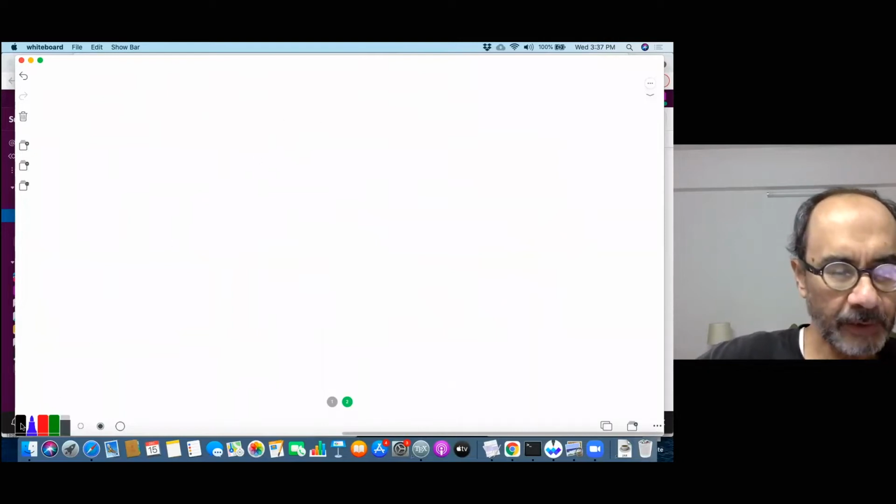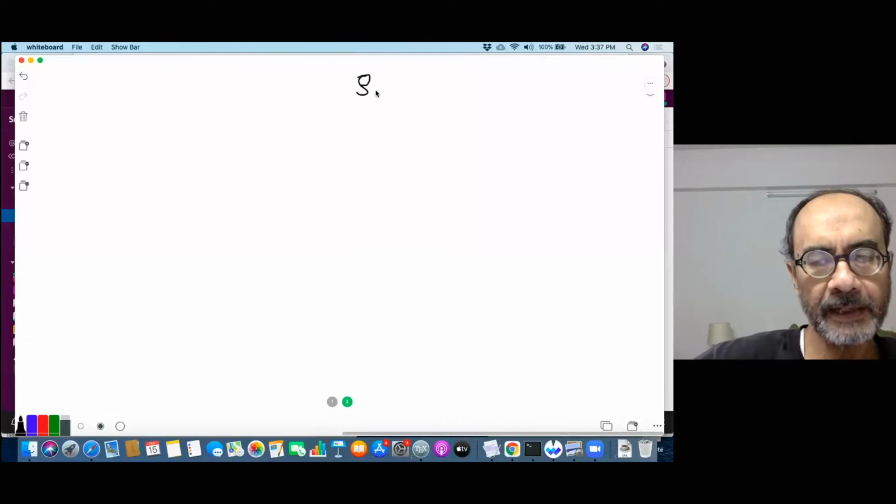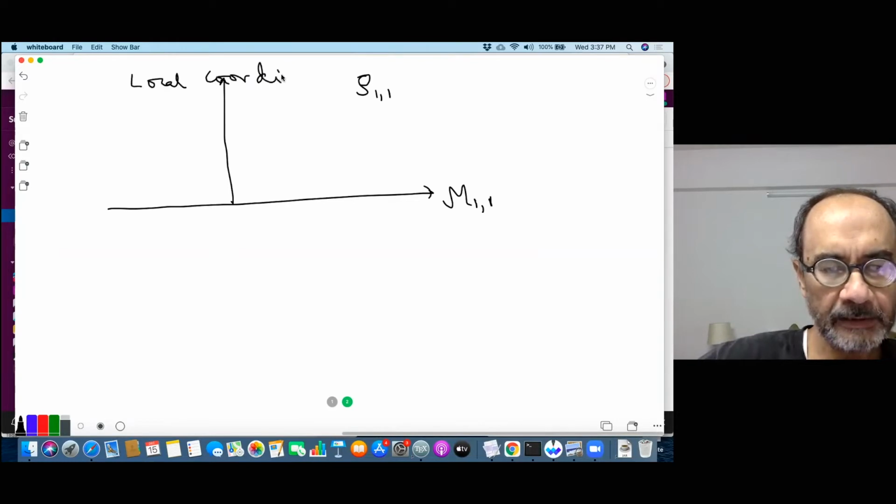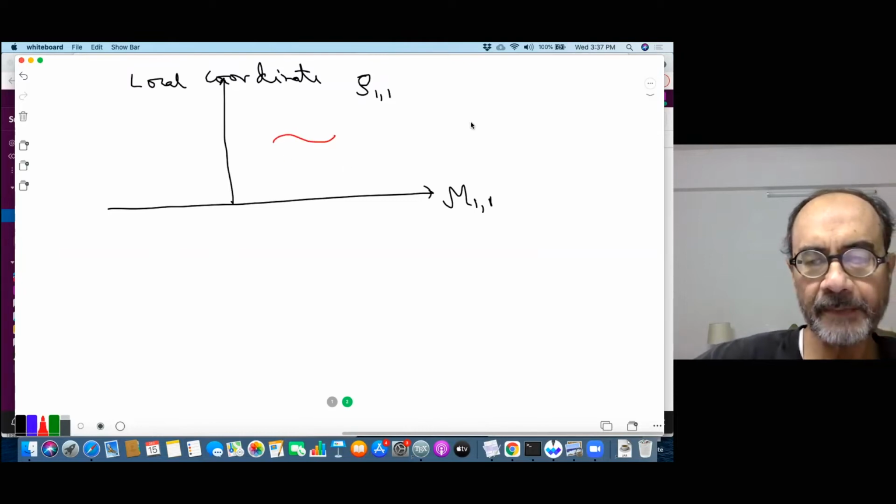So let me draw P11 again. Let me remind you, we have base as M11. So this is the genus 1, 1 point function. This is the choice of local coordinate; in this case, there's only one. And this generates some segment of a section. Again, it doesn't cover the whole region because we look at the mod Q less than or equal to 1 region.